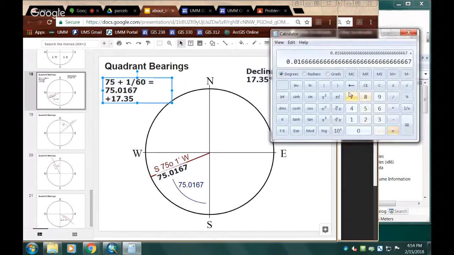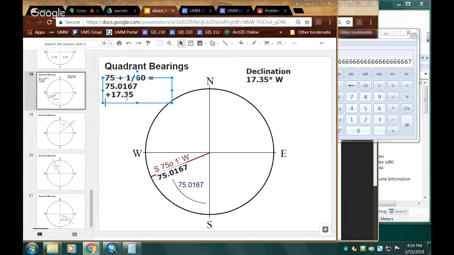First we need to add the 75 here, so that's how far that is. And I'm going to add 17.35, which equals 92.36 repeating, 92.366667. Okay, so this runs us into a problem. Any ideas what it is?